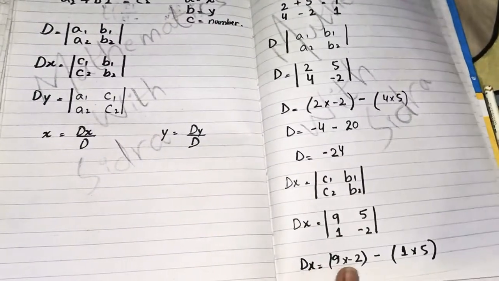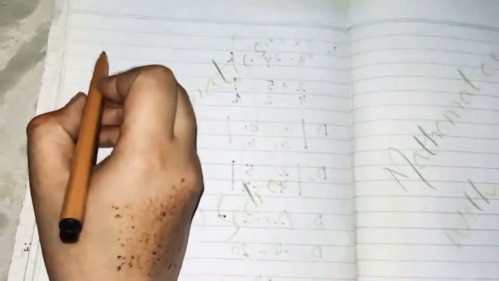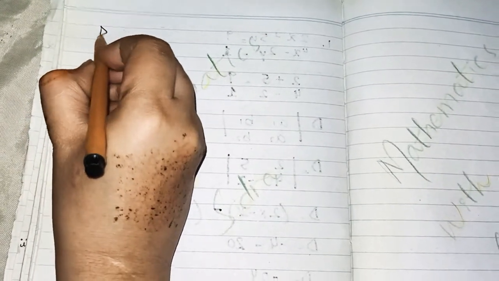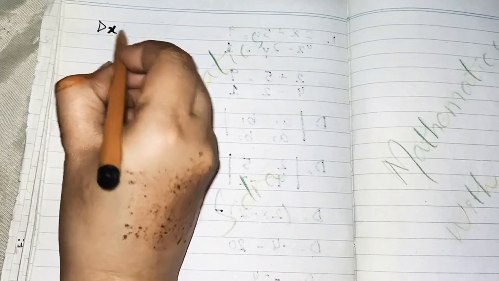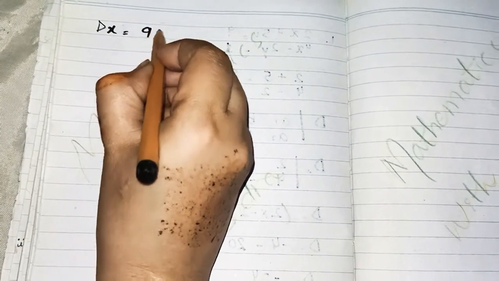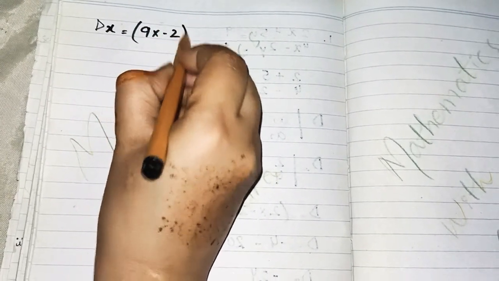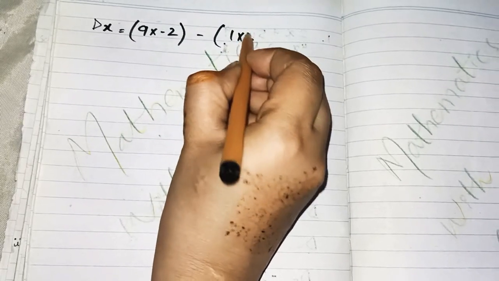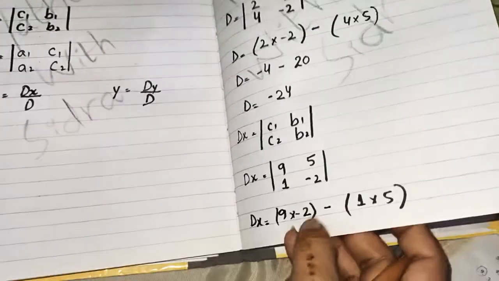Okay, now here we have 9 multiplied by minus 2 and 1 multiplied by 5. So dx is equals to 9 multiplied by minus 2 minus 1 multiplied by 5.